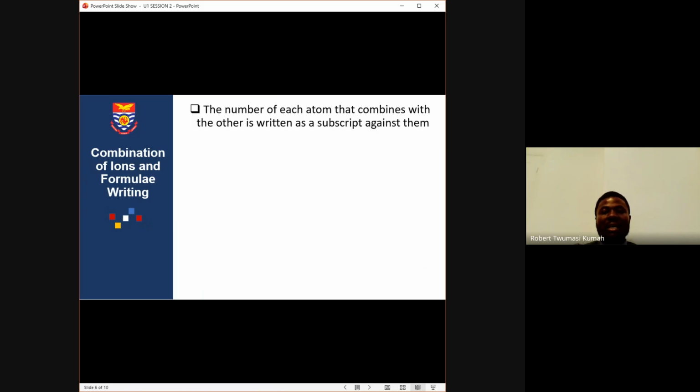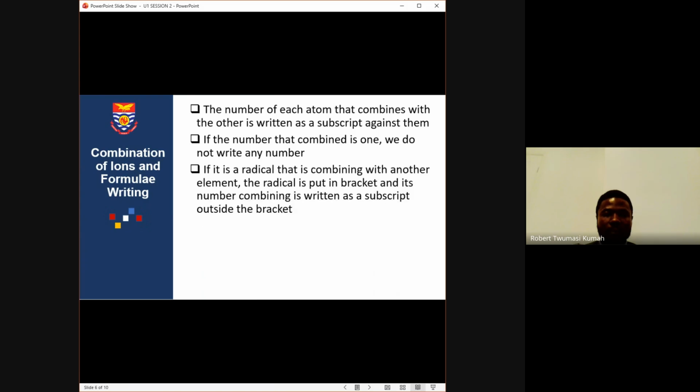Then the number of each atom that combines with the other is written as a subscript against them. If the number that's combined is 1, we do not write any number. We only write a number that is more than 1. If it is a radical that is combining with another element, the radical is put in a bracket and its number combining is written as a subscript outside the bracket.